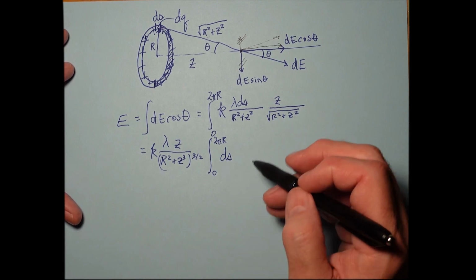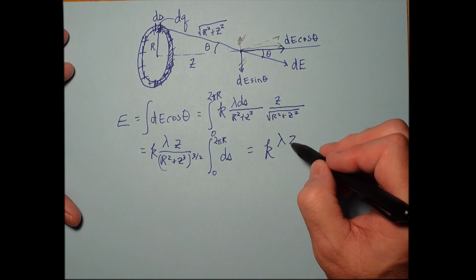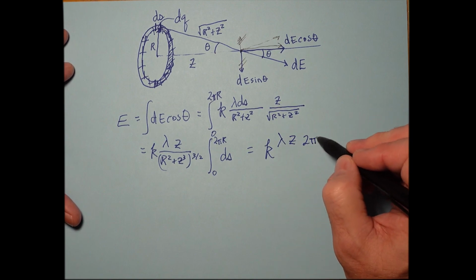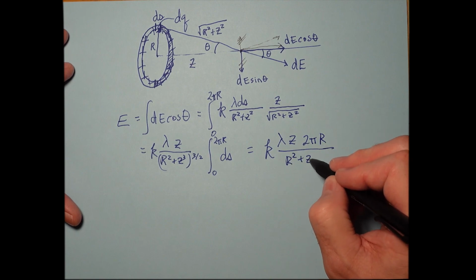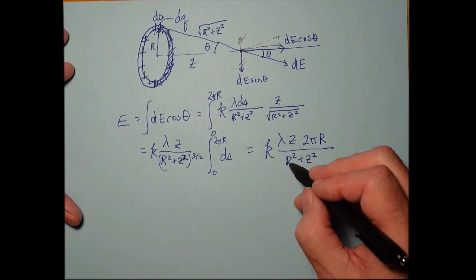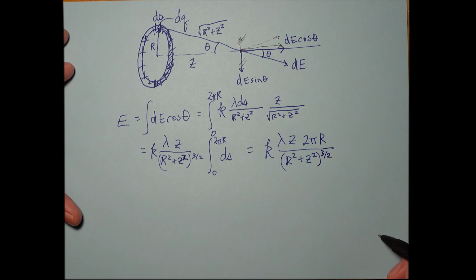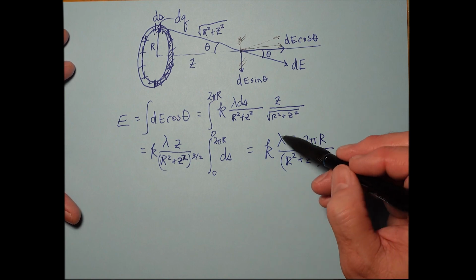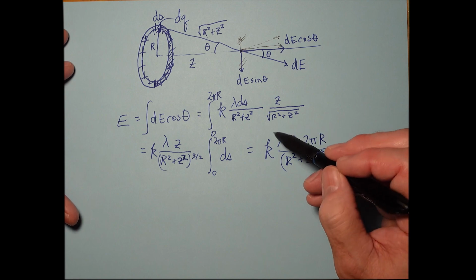When you integrate this, it's trivial. K lambda z 2 pi R over r squared plus z squared to the 3/2. Well, look at this: lambda times 2 pi r. Remember, 2 pi r is the circumference.